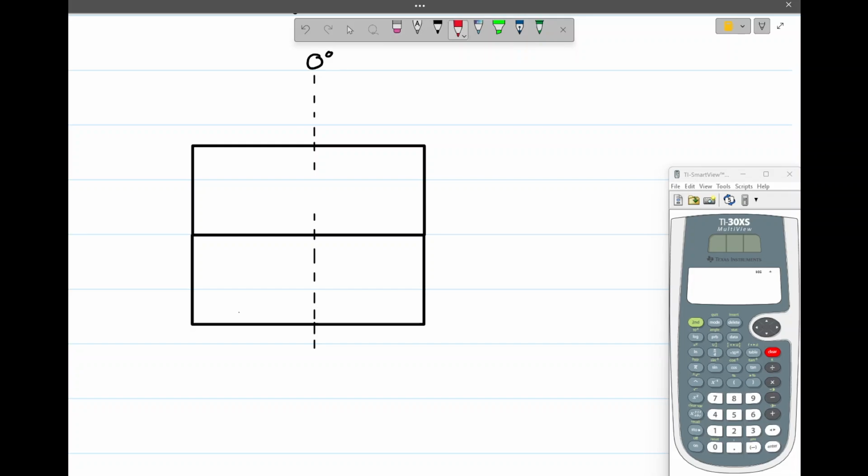If sound is traveling in this direction, it's basically 0 degrees because it's in line with, or parallel to, the normal line. So that's a 0 degree line. Now, if sound is coming in at some other angle, again, we measure that from the normal line. And let's just say this is 15 degrees from normal.